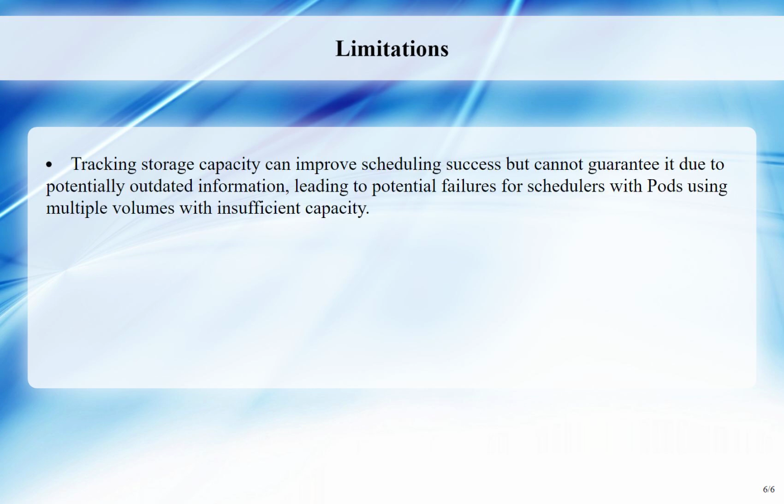Limitations. Tracking storage capacity can improve the chances of successful scheduling, but it cannot guarantee success due to potentially outdated information. Schedulers may still face failures, particularly when pods use multiple volumes and one volume is created on a node with insufficient capacity for another volume.